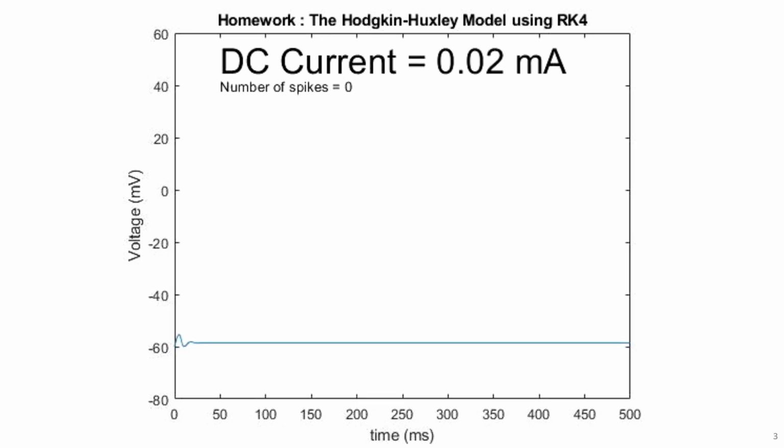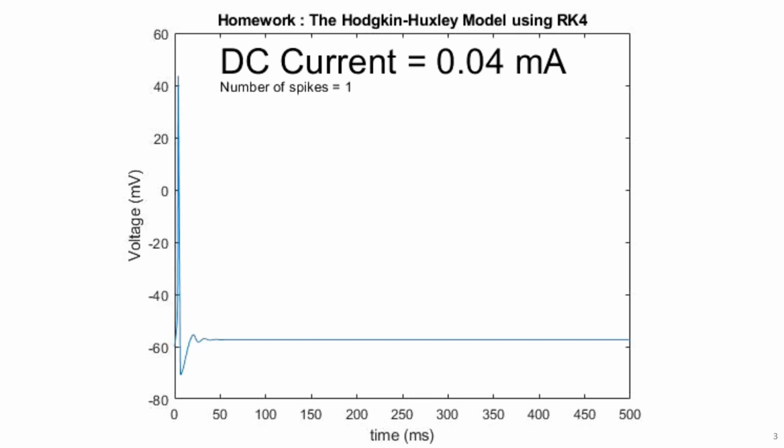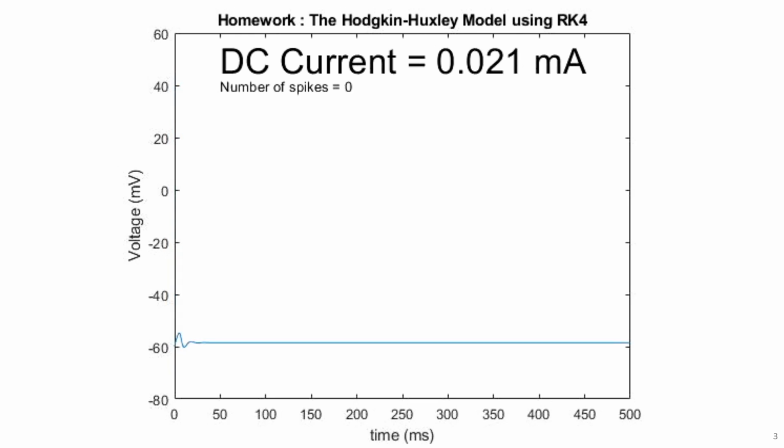As we apply a very small current, there's a very small voltage spike, but until it has reached the threshold, we don't see an action potential. Up to 0.021 milliamps, we see the voltage is there.